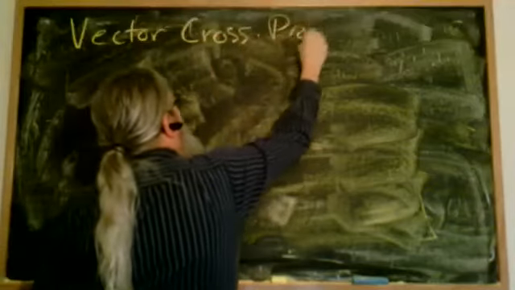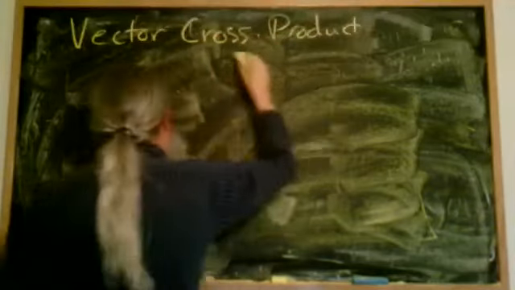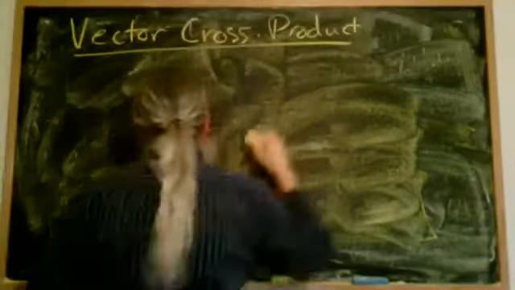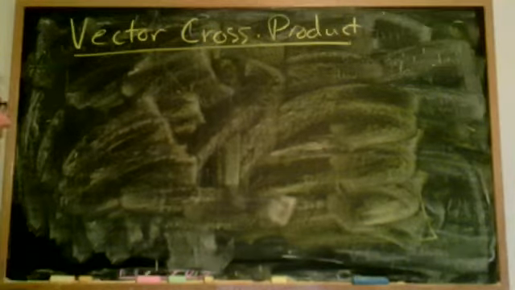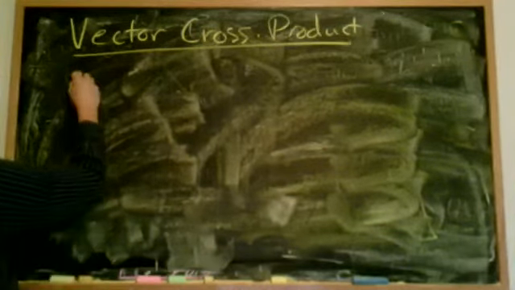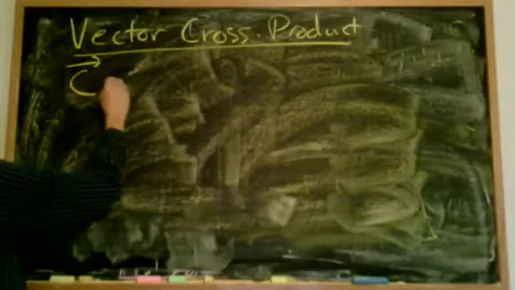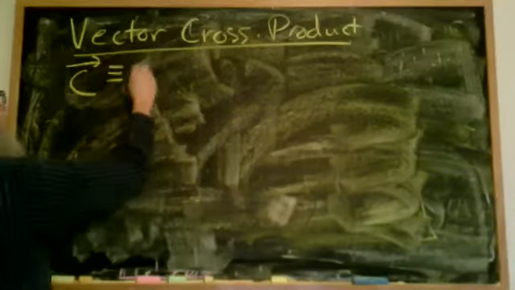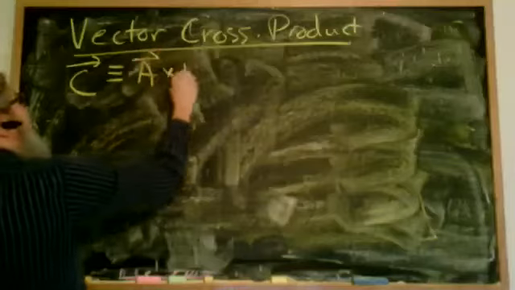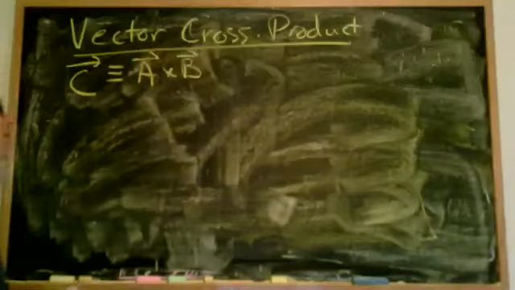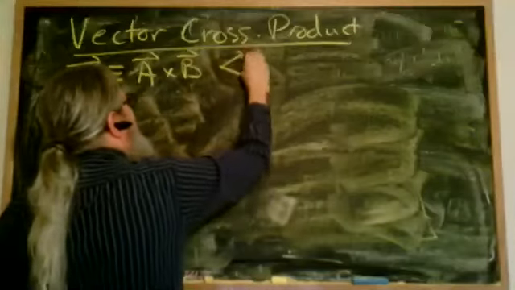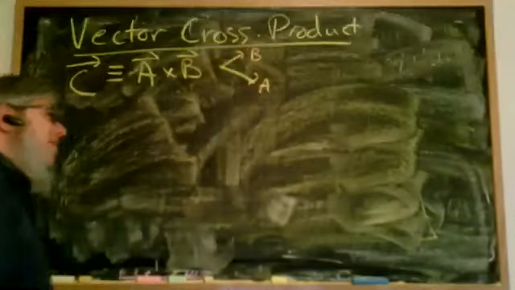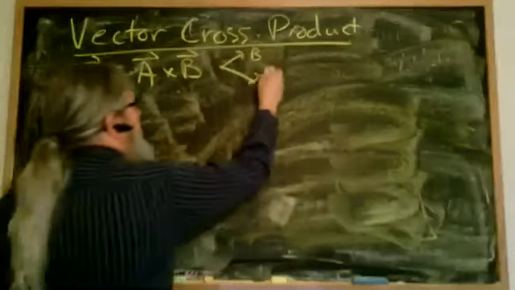So you remember, we had the dot product, which said that the scalar product of two vectors was the magnitudes times the cosine of the angle, and that was the scalar. But now I'm going to define a vector cross product, C, which is defined as A cross B. So I've got two vectors, A and B, and I want to find the cross product C. So what's the rule?